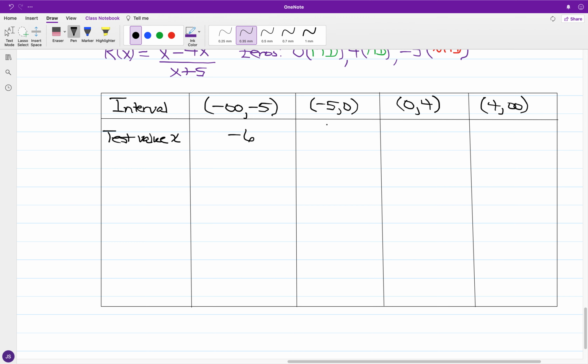Between -5 and 0, as much as I like to choose 0, I cannot have that choice, so I'll just go with -1. Likewise here, I cannot choose 0, so I'll just go with 1. And anything greater than 4, I'll just go with the number 5.